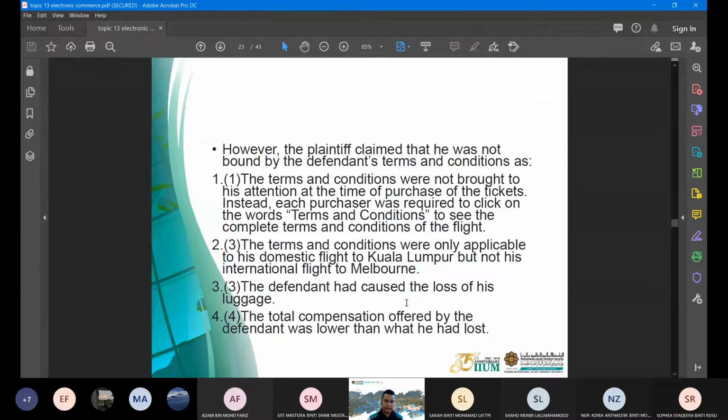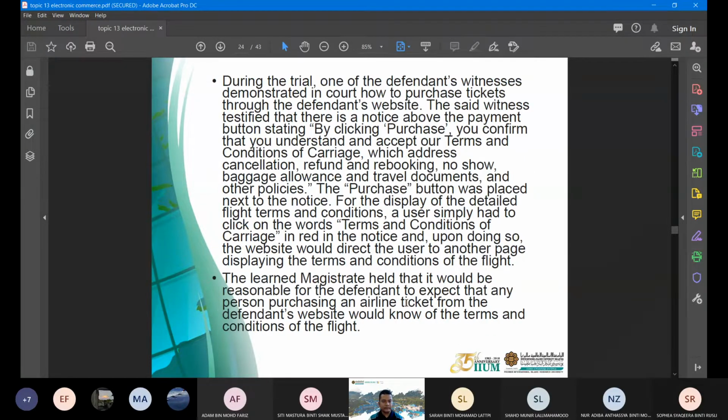The plaintiff, however, claimed that he was not bound by the defendant's terms and conditions because they were not brought to his attention at the time of purchase. Number 2, the terms and conditions were only applicable to his domestic flight in KL, but not to his international flight. The defendant has caused the loss of his luggage, and the total compensation offered was a lot lower than what he had lost.